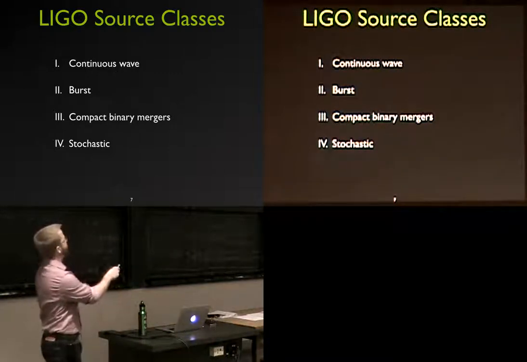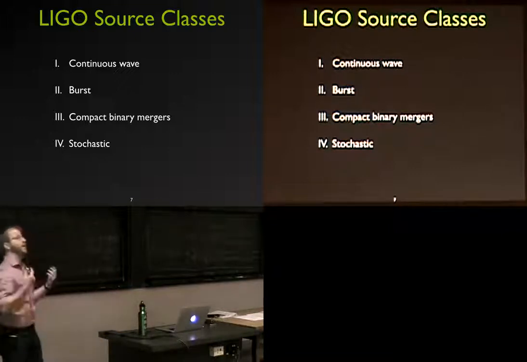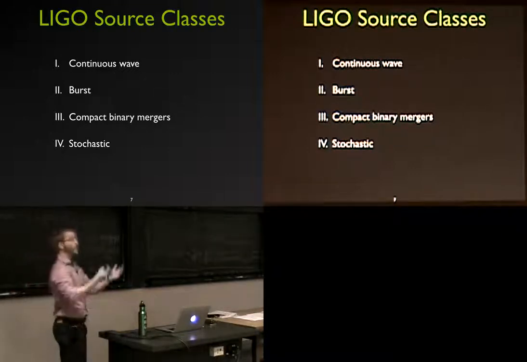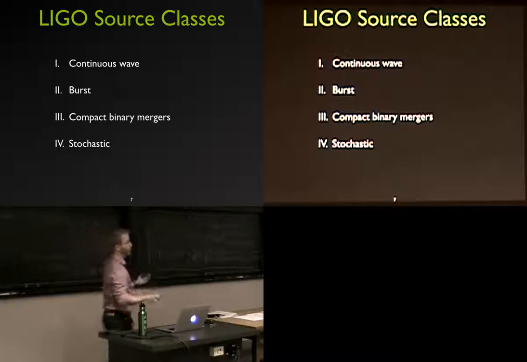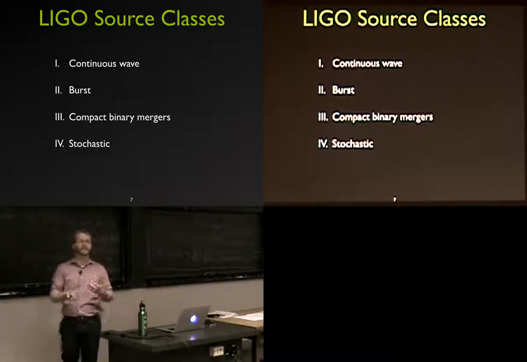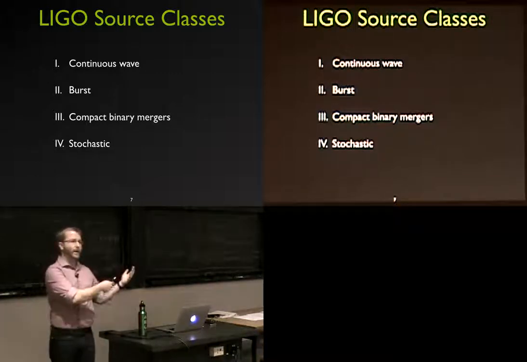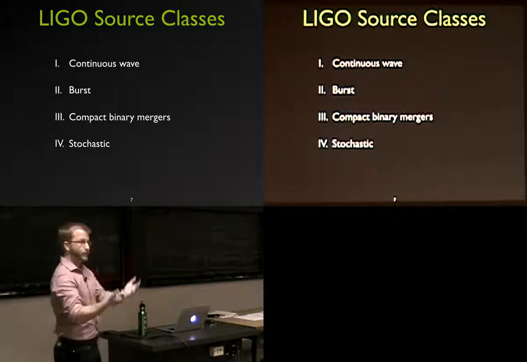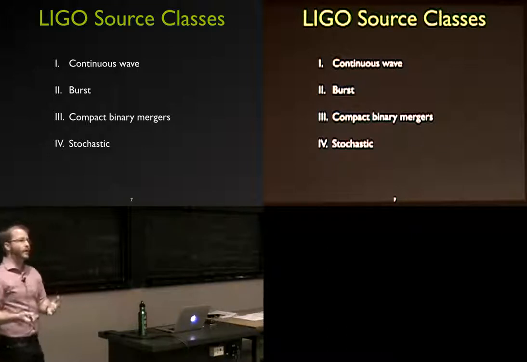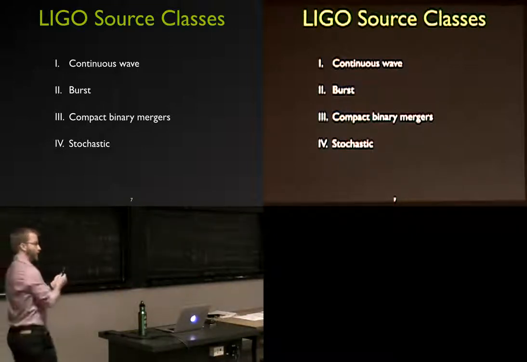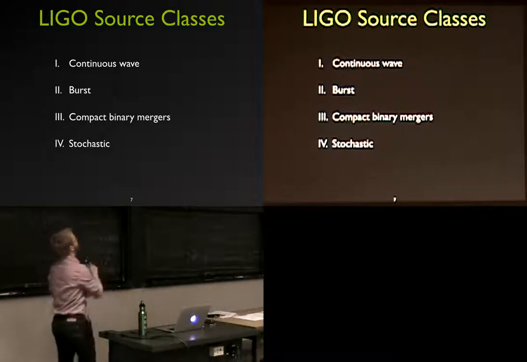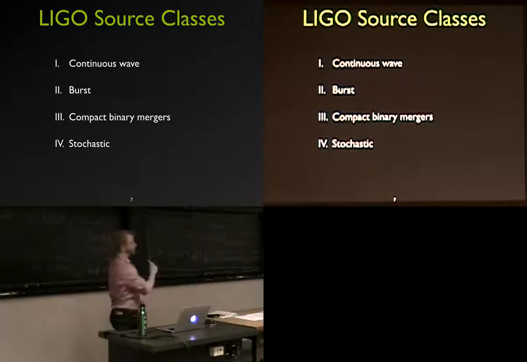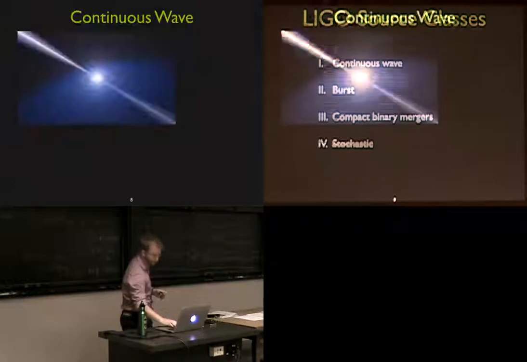And that stochastic background is the superposition, the combination of gravitational waves from multiple events. A population of binaries, for example, will create that stochastic background. So if we're looking for multi-messenger astronomy, we're looking to tie together electromagnetic radiation, neutrino detection, cosmic ray detection with a gravitational wave event, we need an individual source to be the common source of all of those messengers. And so stochastic background is not something we're interested in. So I'll just focus on the other three.